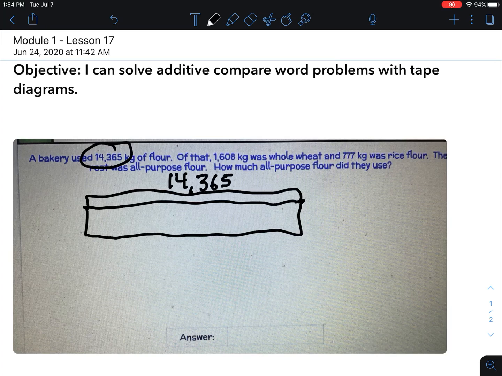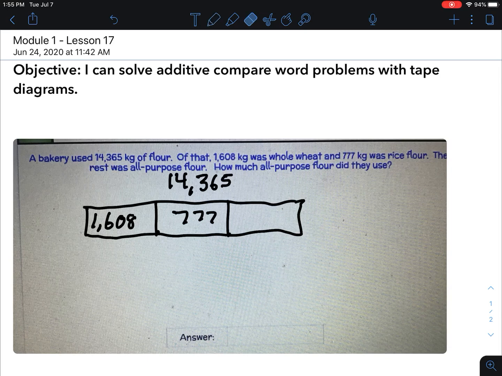Of that, 1,608 was whole wheat, so part of this total was whole wheat. 777 kilograms was rice flour. Okay, so another part was rice flour.